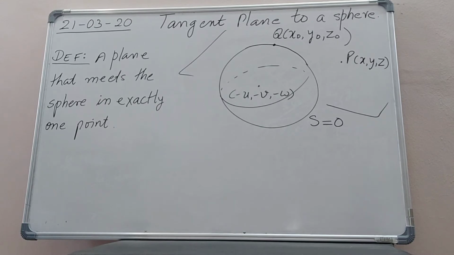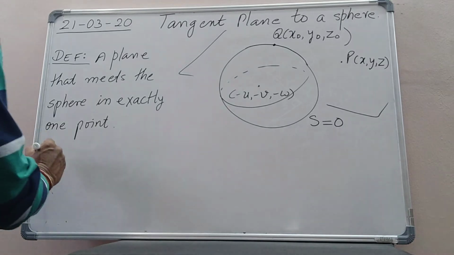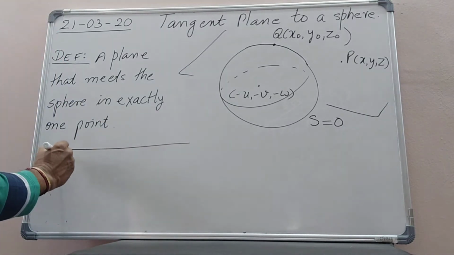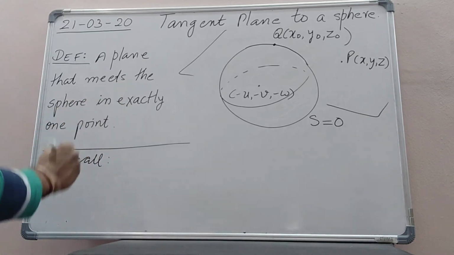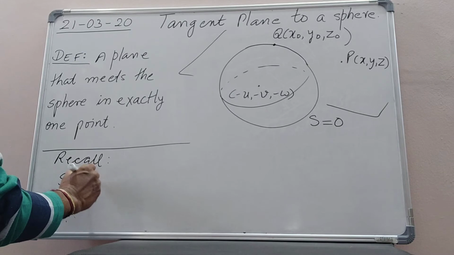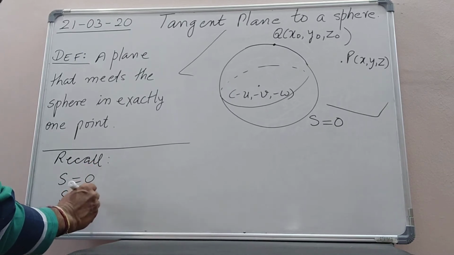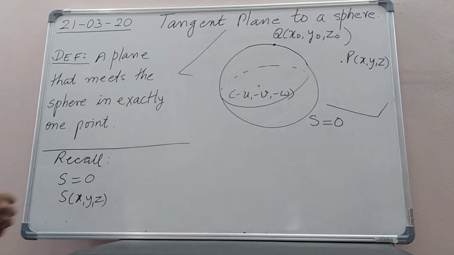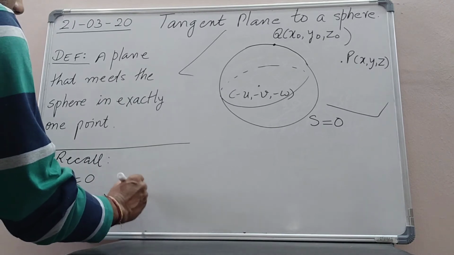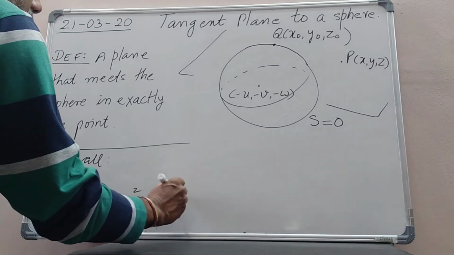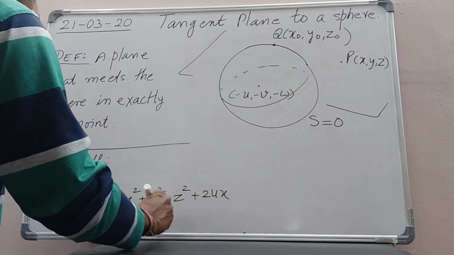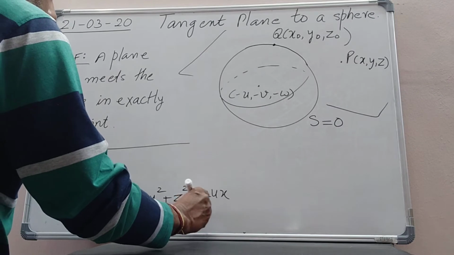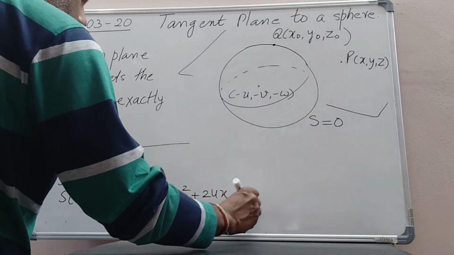So a little bit about the convention. The expression S equal to 0, which is the same as S of x, y, z equal to 0, stands for x square plus y square plus z square plus 2ux plus 2vy plus 2wz plus d equal to 0.